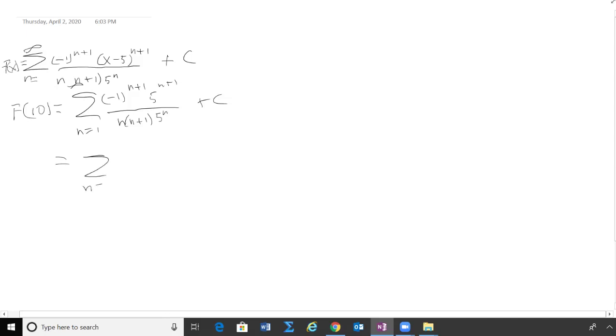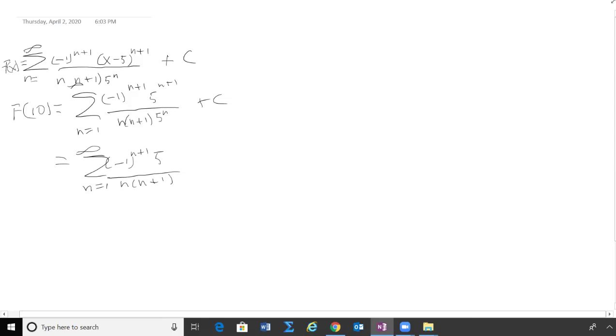Okay, so back in here, one more simplification here. That 5 to the n plus 1 over the 5 to the n just becomes a 5. And now you've got this. And this thing is obviously convergent. In fact, it's absolutely convergent.